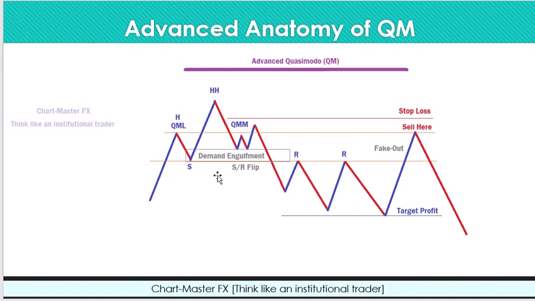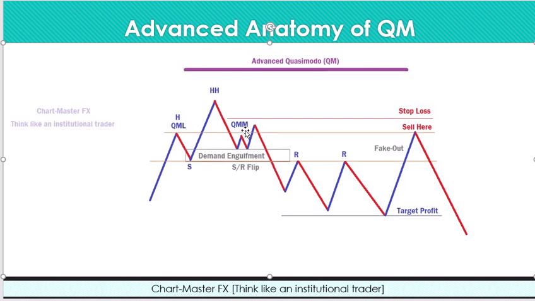So we had the support and resistance flipping. So you can see that the support here turned to resistance, and you can see here also we had another resistance.